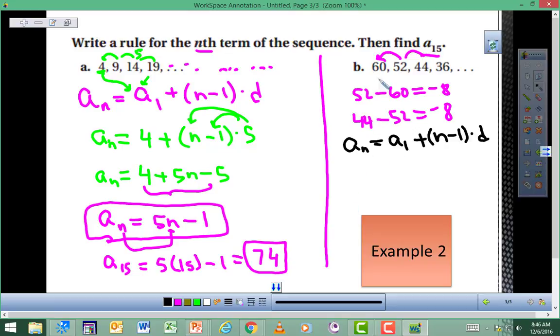Okay, so the first term in the sequence goes right here. That's pretty easy, right? And then what? The common difference we said was negative 8, so that number is going to go in here. And then we just do some basic algebra and simplify this.